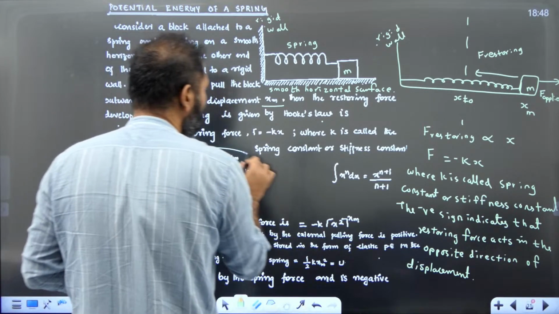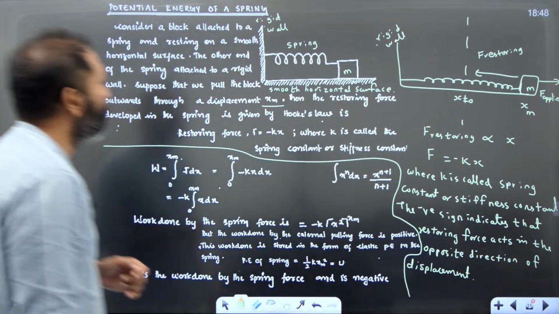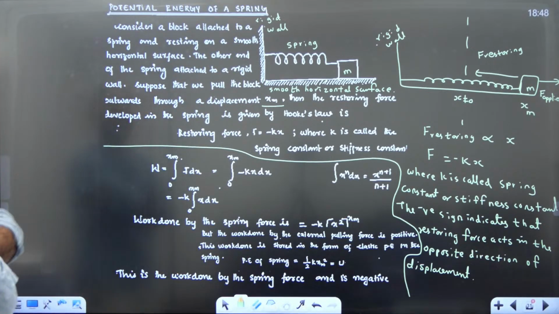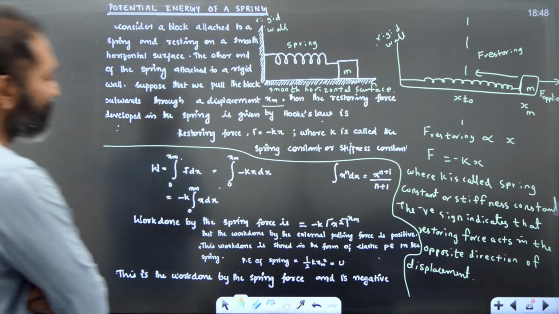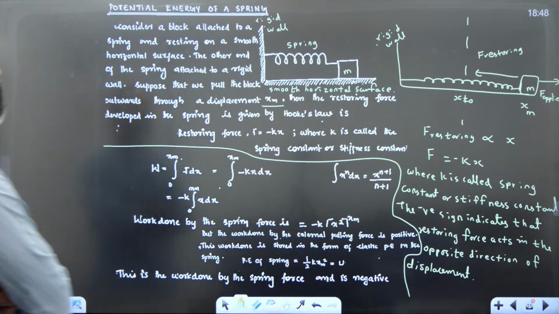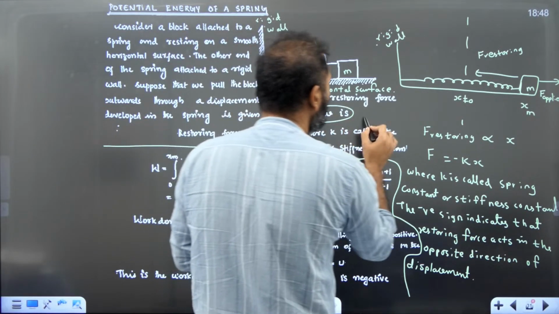So up to this point I have covered this. Consider a block attached to a spring and resting on a smooth horizontal surface. The other end of the spring is attached to a rigid wall. Suppose that we pull the block outwards through a displacement x suffix m. Then the restoring force developed in the spring is given by Hooke's law. This law is called what? Hooke's law.